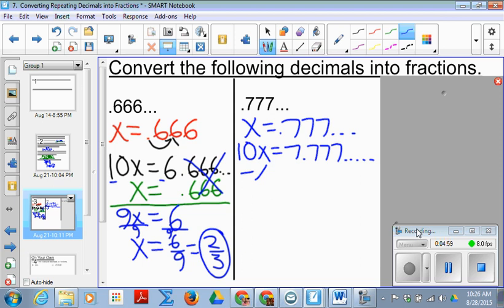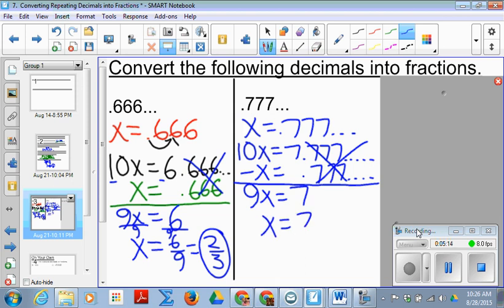We'll subtract our original amount. 10x minus x equals 9x. Those go away, so 9x equals 7, which leaves us with x equals 7/9. So with one number repeating to the right of the decimal point, not too bad.